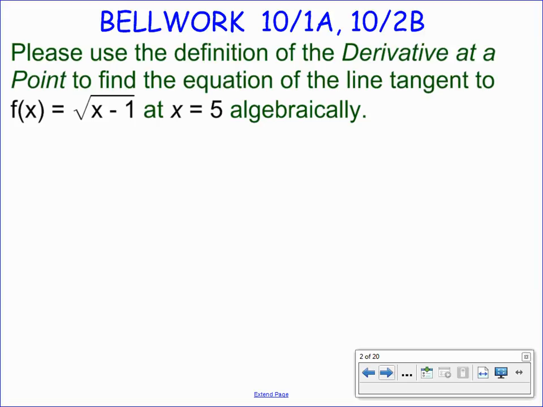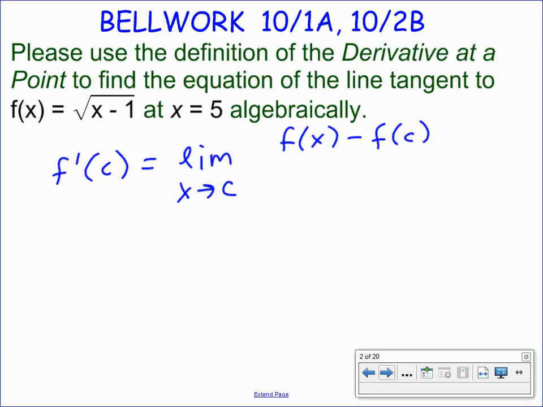Sorry about that. The derivative of a function f at an x value, x equals c, is given by f prime of c equals the limit as x approaches c of my average rate of change quotient, my difference quotient, f of x minus f of c all over x minus c.